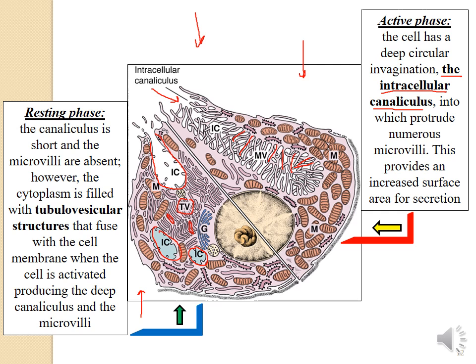Once they are activated by any mechanism, the vesicular structures will bind with the intracellular canaliculus and make it deeper, and the tube-like structures will bind with the intracellular canaliculus, producing the microvilli. In this way, the cell will return to its active form. So the intracellular canaliculus is a special feature of parietal cells, not found in any other cell in the body.